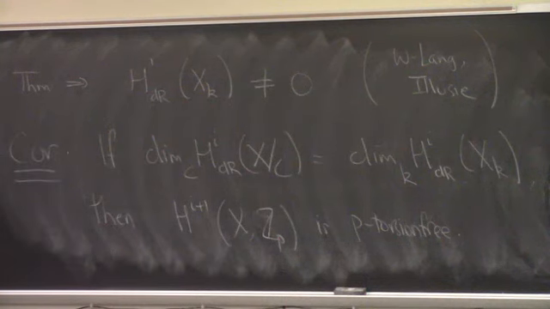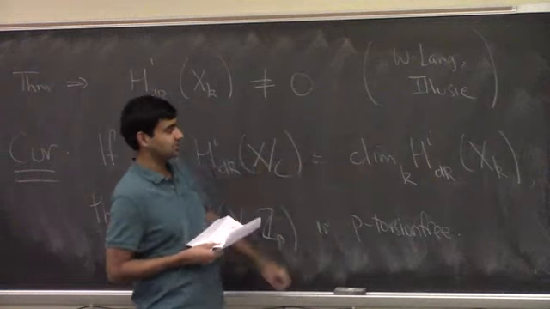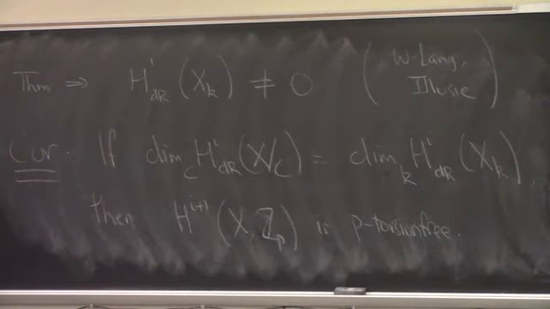So if you have an algebraic variety and you want to test whether or not its cohomology has p-torsion in this degree, it's enough to compute the dimension of the de Rham cohomology of its mod p reduction and see that it equals the number you started off with.